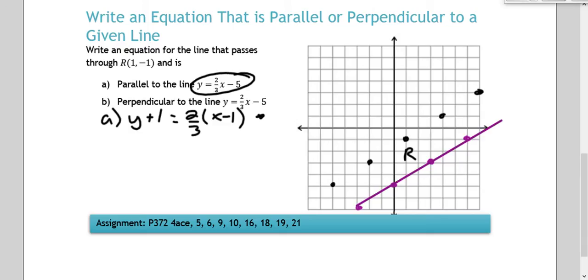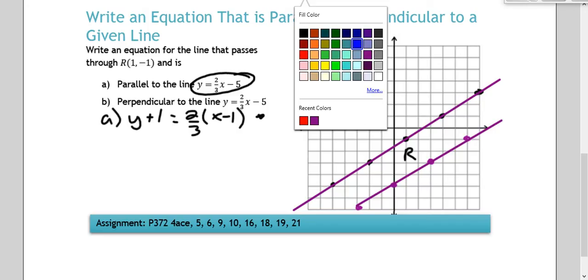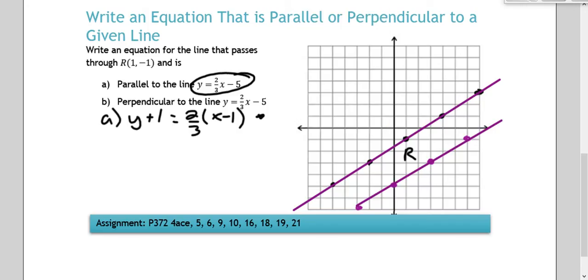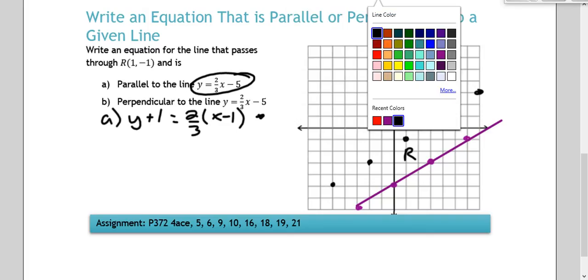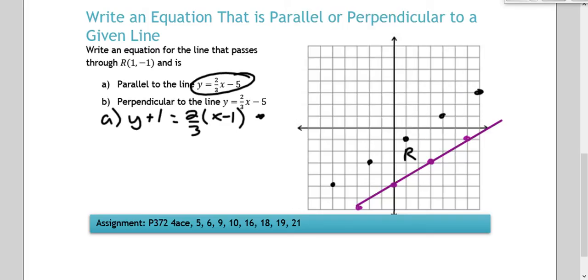And then we draw a straight line. That should be parallel. That is the wrong color. Black, please. Good. Now let's draw the line. And they should be about parallel.